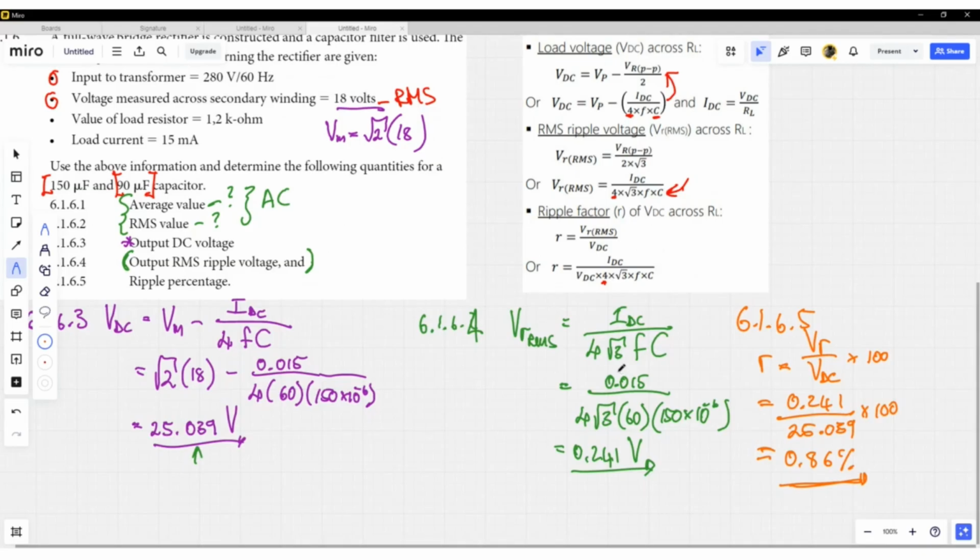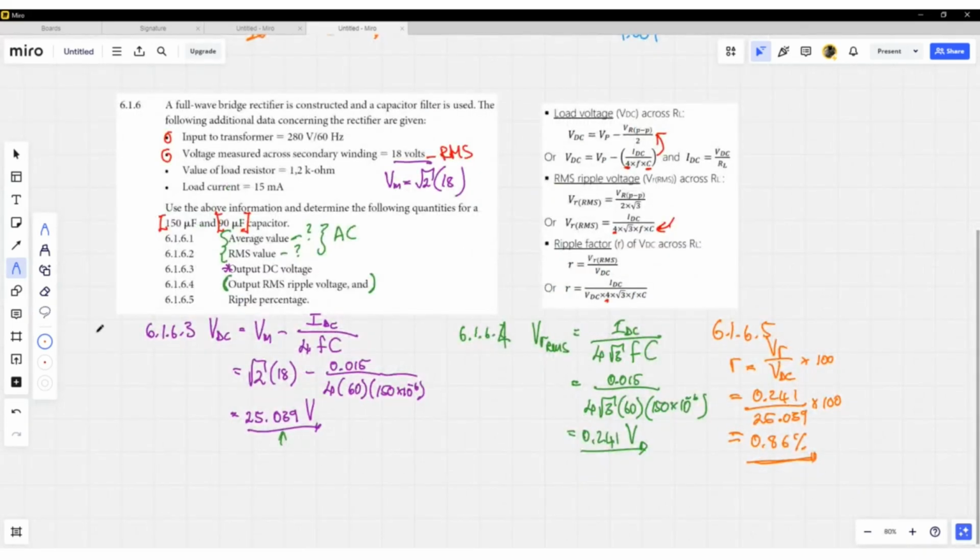Okay, so let's do maybe another example, maybe with the LC filter, which we could maybe use the same values here and do it, but I'm going to use an exercise from the textbook on this one. Okay, 6.1.10 is an LC filter. Take a look at that one. Seeing that we've done the full wave rectifier now twice, I'm going to do this one as a half wave rectifier.